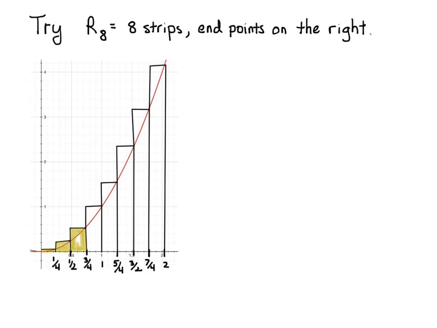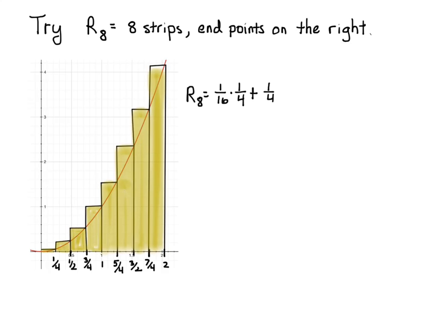And now, since I'm taking the right side of the interval, I'm using this value. So this is the height of my 7th interval. Remember, before, the height of my 7th interval was this side of the interval. So now I'm going to expect a similar kind of quality estimate, but instead of being below my true value, I'm going to be above it, right?